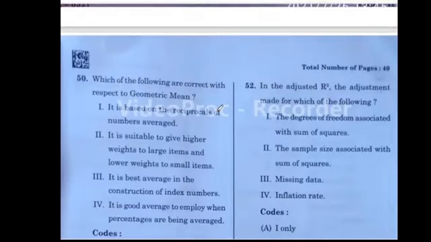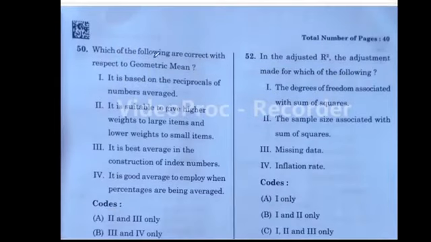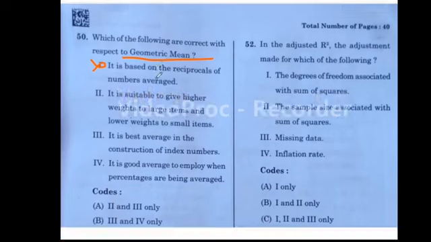Then question number 50. Which of the following are correct with respect to geometric mean? Yes, first one, it is based on the reciprocal of numbers of average. No, this is wrong because reciprocal will come in the harmonic mean. Yes, geometric mean means nth root.